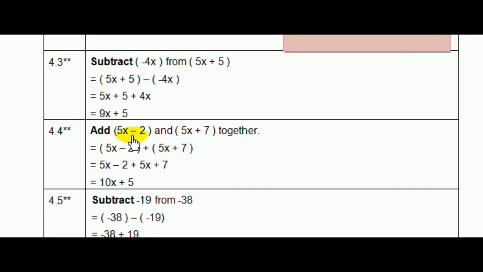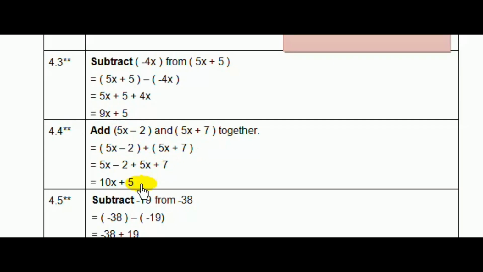Just see the order that I've written this English to maths. A bracket, add a bracket and another bracket. It doesn't really matter when you add, because you can swap it around. That will not matter. So you could have written the last one first and that one there.